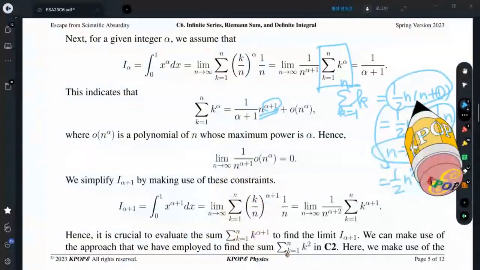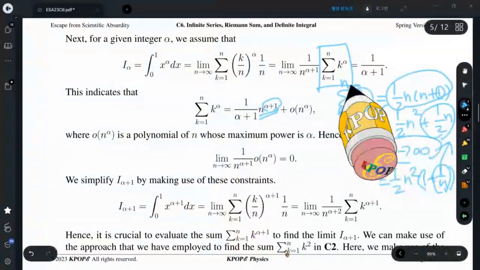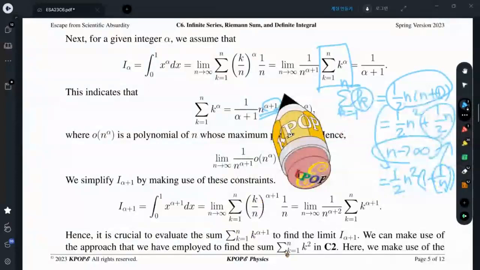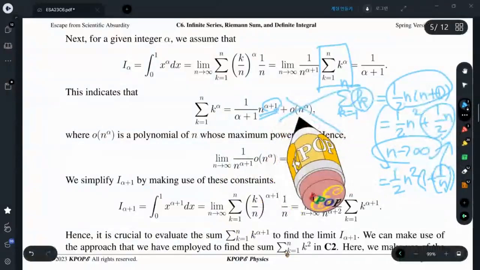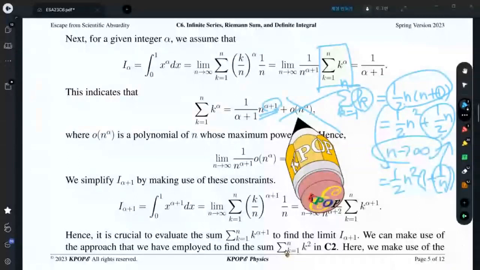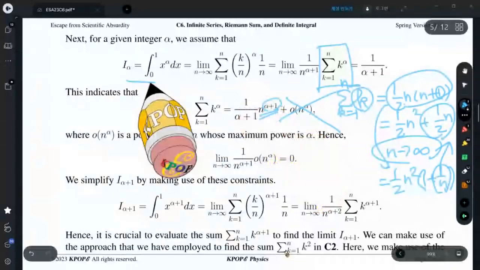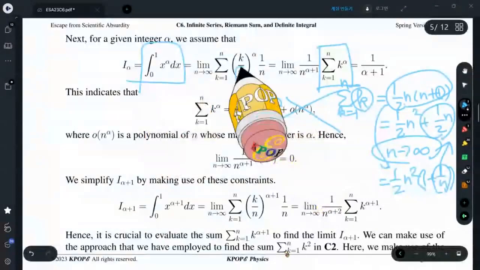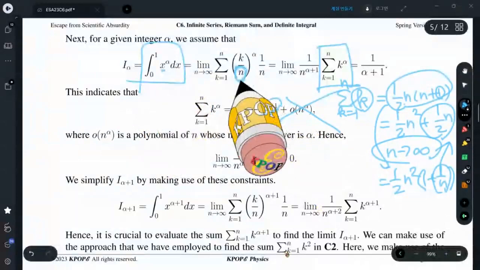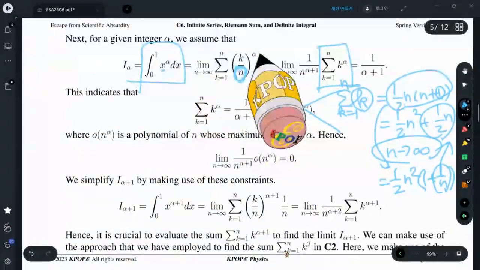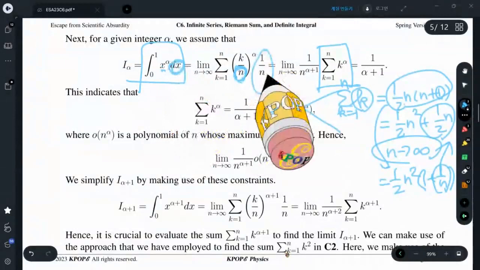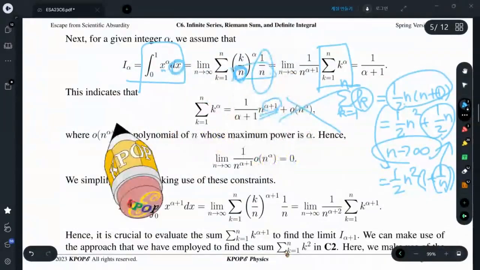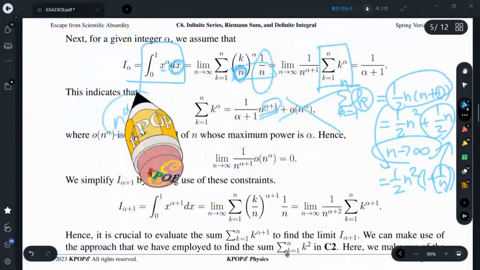So the sum of k is n squared, something. And then from then on, I don't care about this, because when I compute this integral, in the denominator I have n to the alpha, and this width is 1 over n. Therefore, we have n to the alpha plus 1.